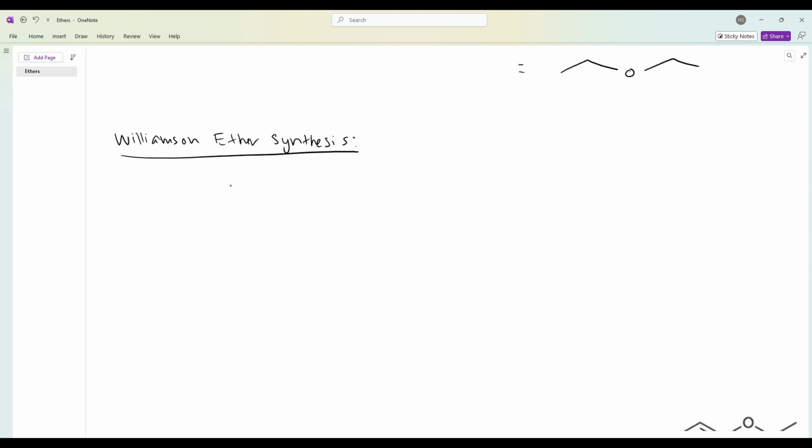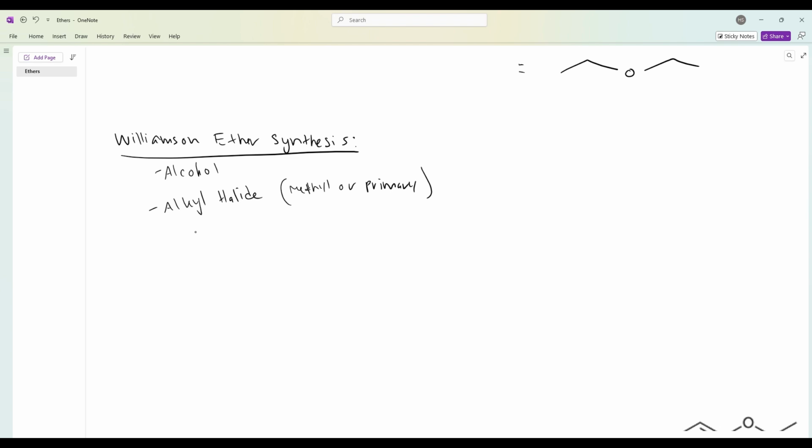So for the Williamson ether synthesis, what we're going to need is an alcohol and an alkyl halide, preferably a methyl or a primary halide, because we will be doing an SN2 reaction, and SN2 reactions work best on methyl or primary alkyl halides, right?